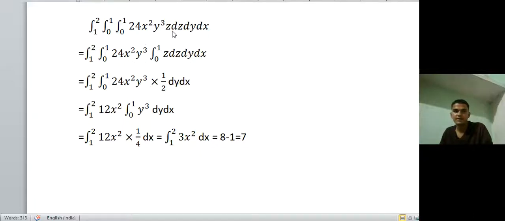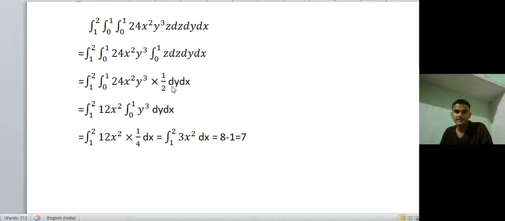When we integrate with respect to z, we treat the x term and y term as constants. These come outside. Okay, so this is 1 by 2 dy dx.